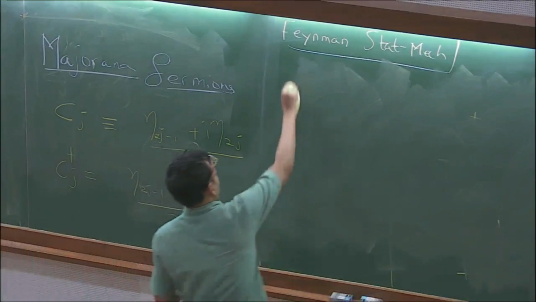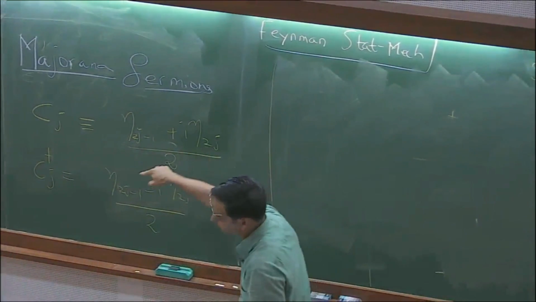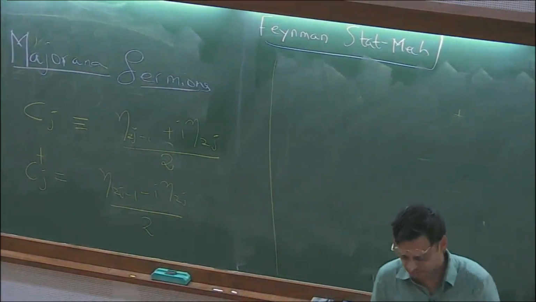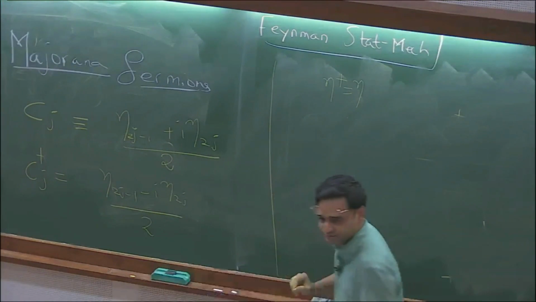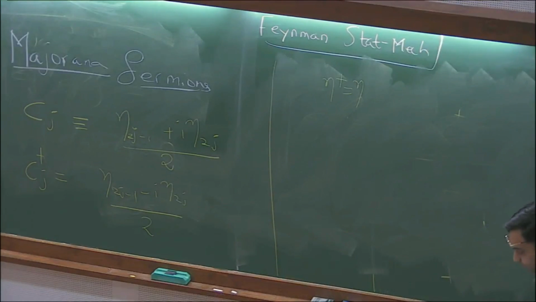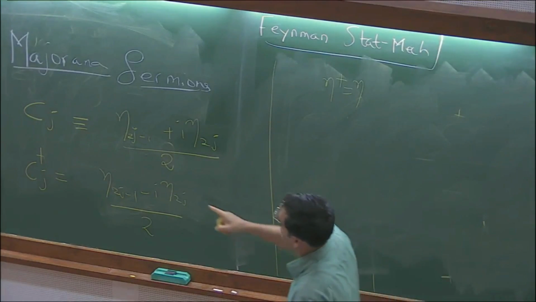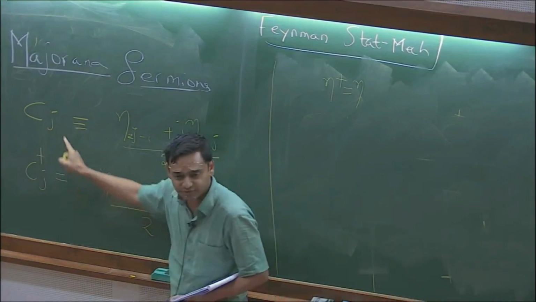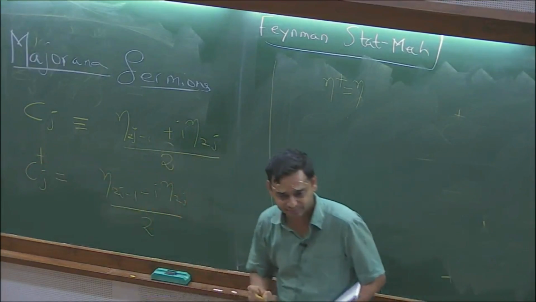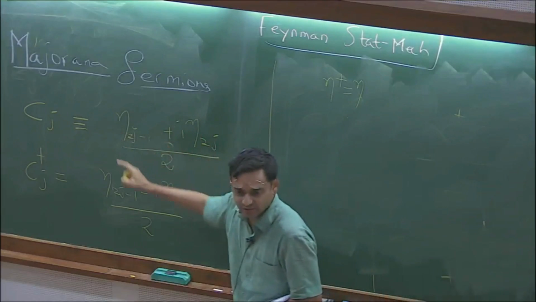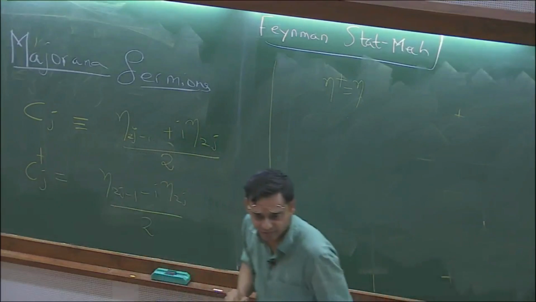So what are the properties of the eta that follow from knowing about the properties of C? Well, first, eta dagger equals eta always. Okay. And now you can take the anti-commutators that we know for the C's and ask how they are reproduced by these.